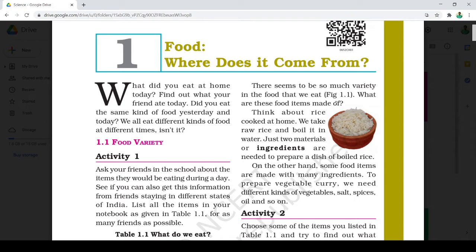Yes, just two ingredients are needed to prepare a dish of boiled rice. On the other hand, some food items are made with many ingredients. For example, to prepare a vegetable curry, we need so many vegetables, right? And what are the things other than vegetables we need to make a vegetable curry? They are salt, spices, oil, and so on, and many more.